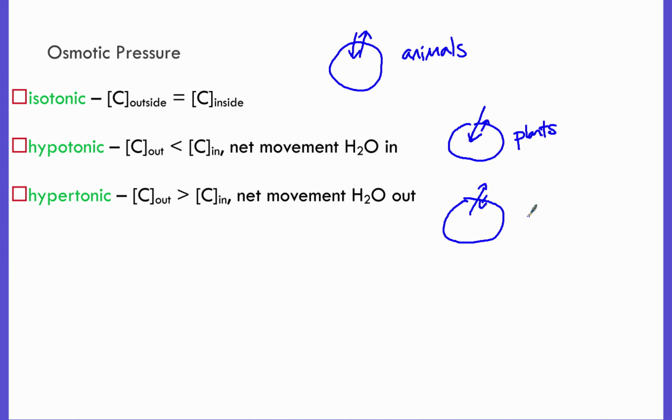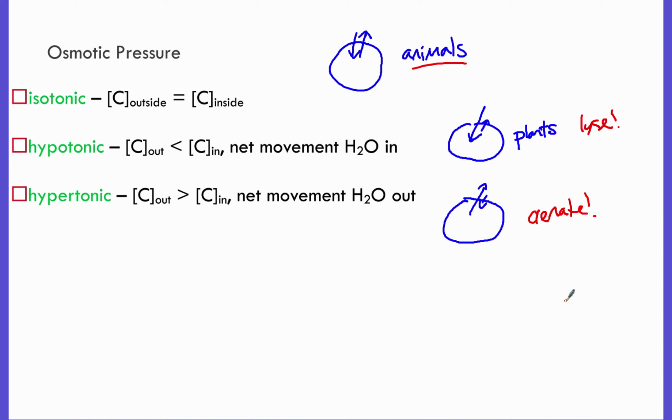So understand which case is which. Animals prefer isotonic, plants prefer hypotonic, right? But in the case of animals, again, we don't like hypotonic because the cells can lyse, they can pop, right? We don't like hypertonic because our cells can crenate, which just means that they're going to shrivel up.